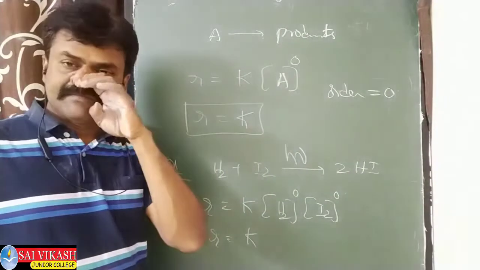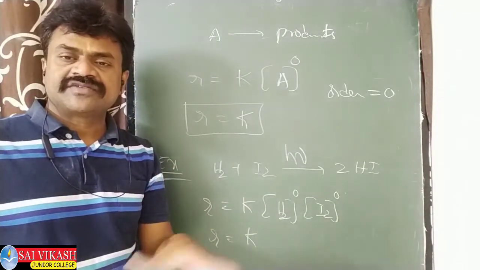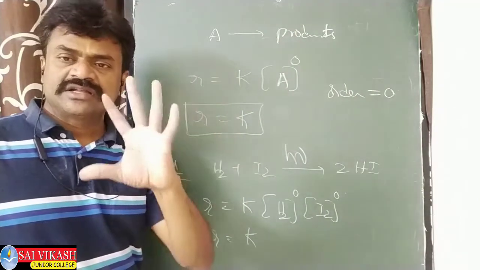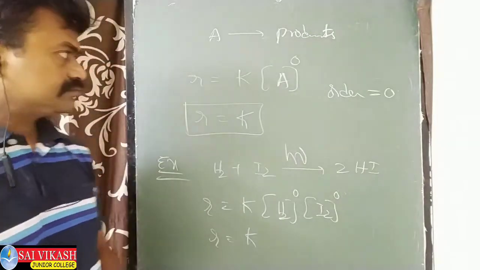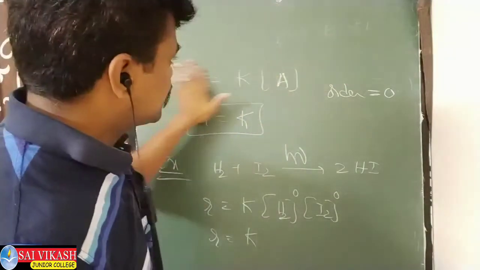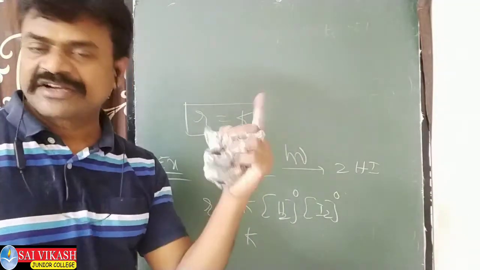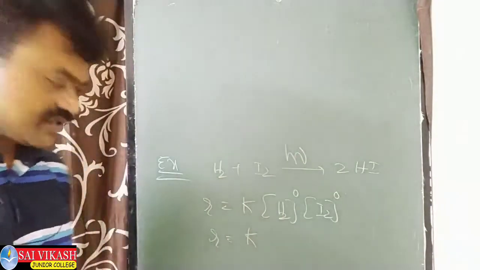Same extent of decrease in reactants, same extent of increase in products, then they are called zero order reactions. And whatever the K is here, this K is called the zero order rate constant. It has some units also. These units I'll tell you.